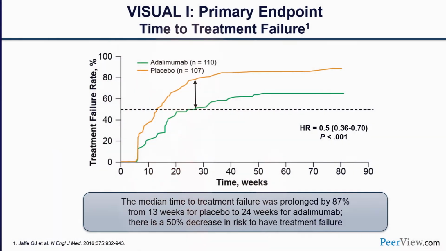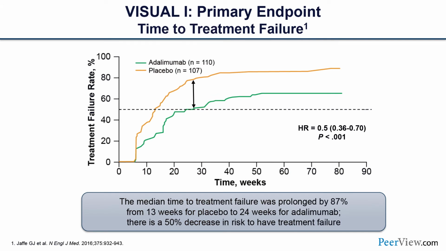Dr. Suler was the senior author on a study called Visual 1. And Visual 1 was published in the New England Journal of Medicine. It was a randomized controlled trial looking at the efficacy of adalimumab for the treatment of non-infectious, intermediate, posterior, or pan-uveitis.